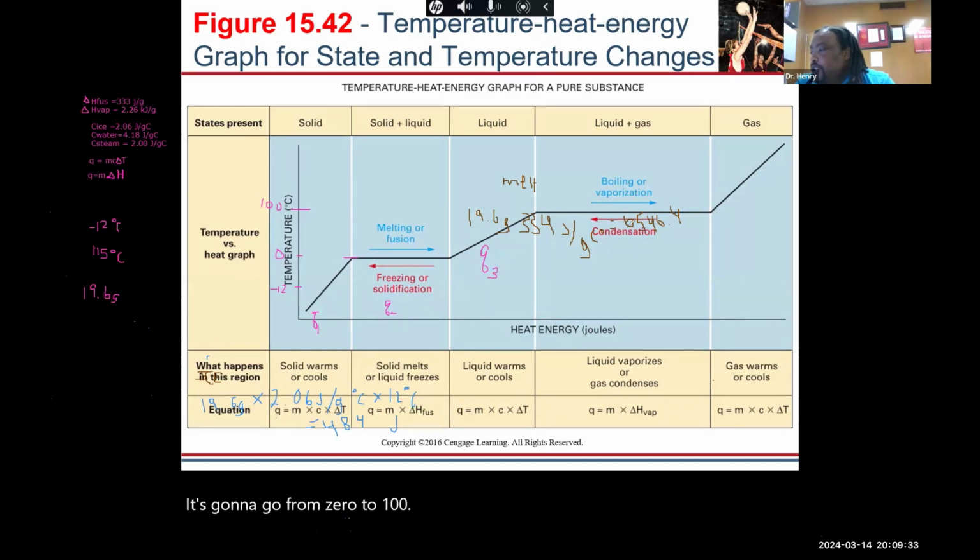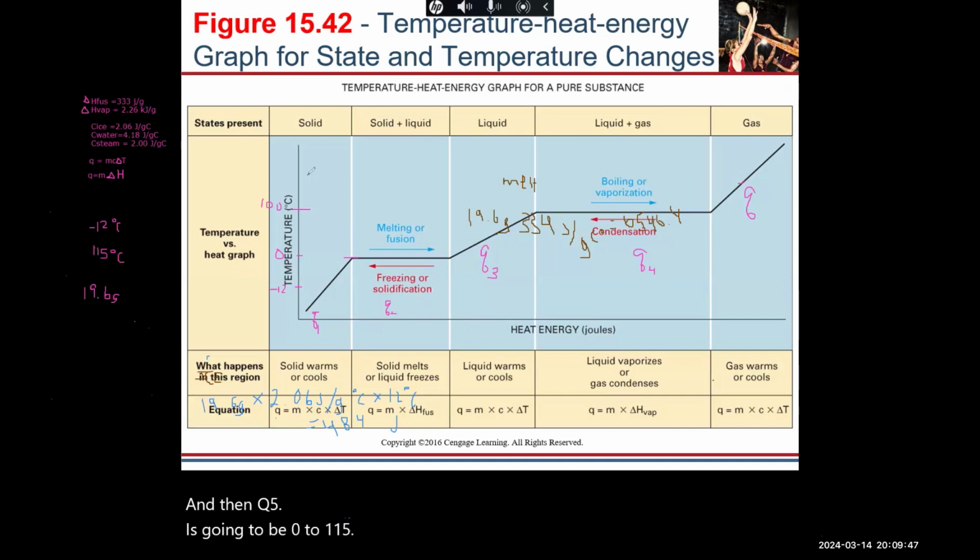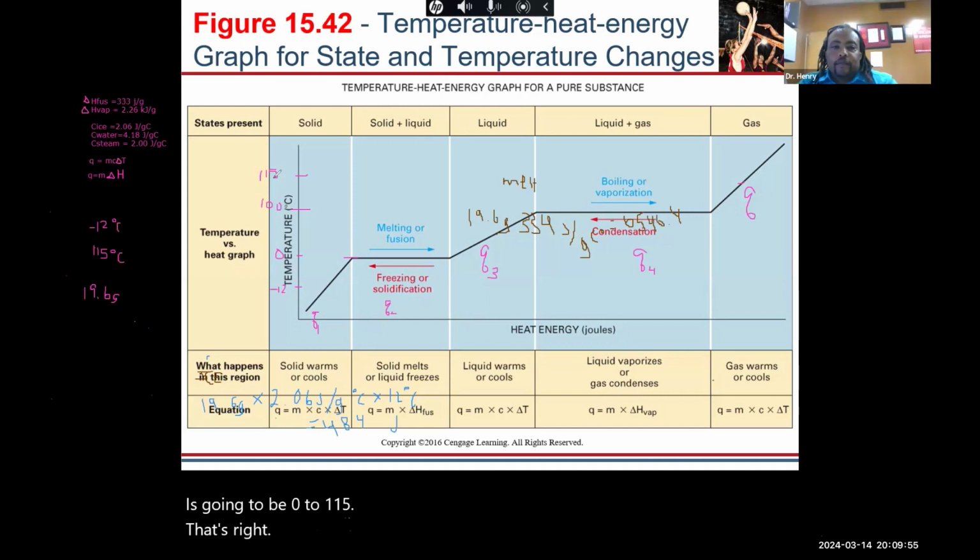Q4 is going to be the transition. And then Q5 is going to be 100 to 115. So if it goes over 100 degrees, we would use the last equation for the gas. That's right. Okay.